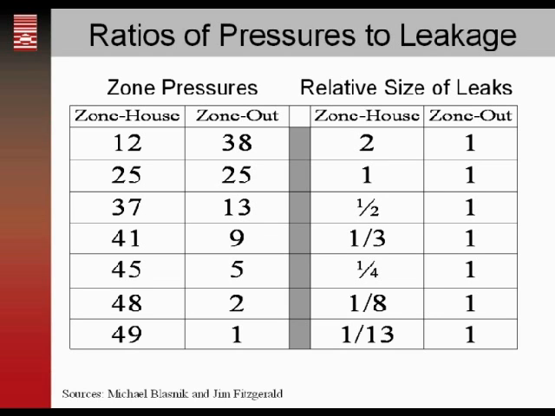In other words, the bypass leakage is the same as the roof vent leakage, or the size of the hole between the house and the attic is the same as the size of the hole to the outside. If we move down to 48, if we've got 48 zone to house or zone to outside, we've got a 1 to 8 leakage ratio. So the bypass is 1/8 the size of the roof vent. In other words, if it's an attic zone.